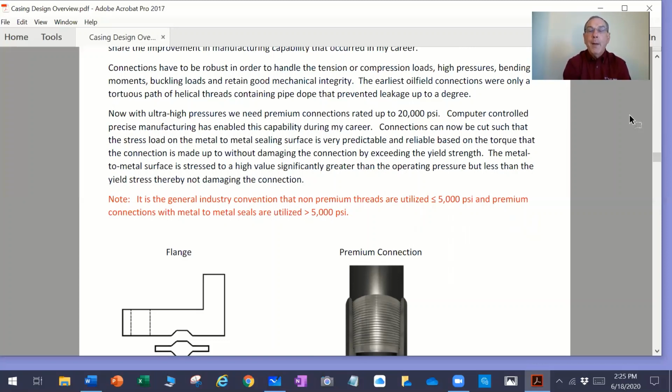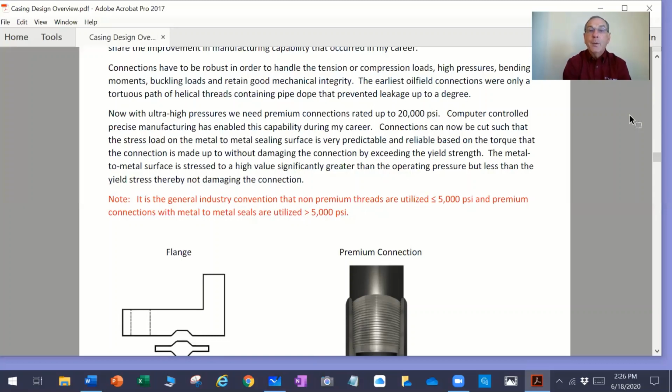What's happened in my career is that computer controlled, precise manufacturing has enabled this capability. Connections can now be cut such that the stress load on the metal to metal sealing surface is very predictable and reliable based on the torque that the connection is made up to, without damaging the connection by exceeding the yield strength on that metal to metal face.